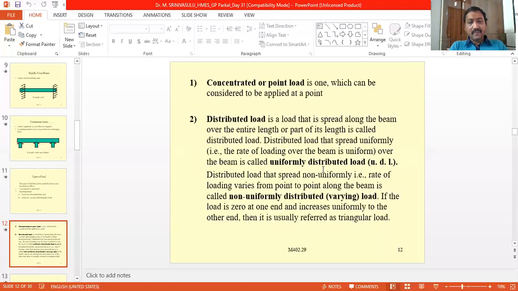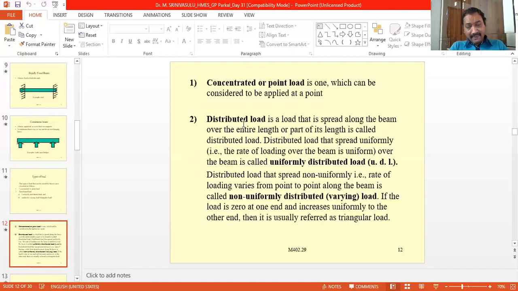Next one is the distributed load. In the second case, the load will not be confined to a point, but it is distributed over an area.